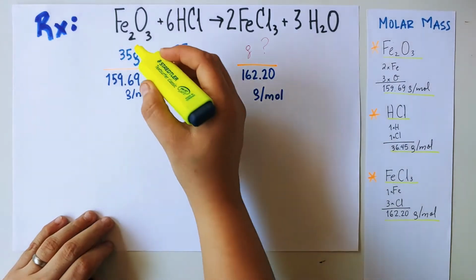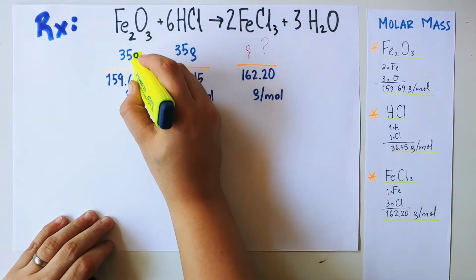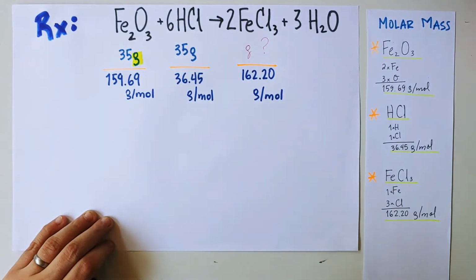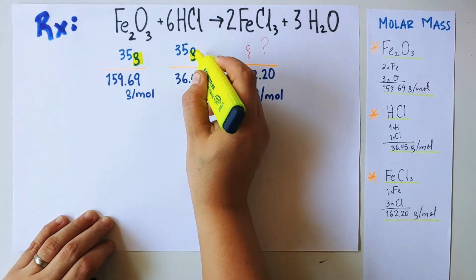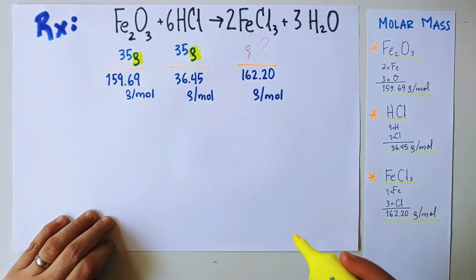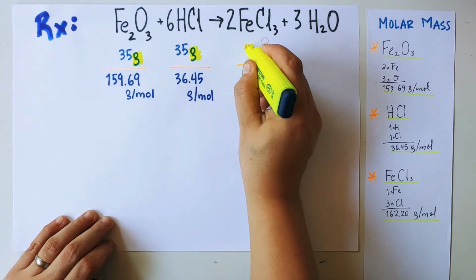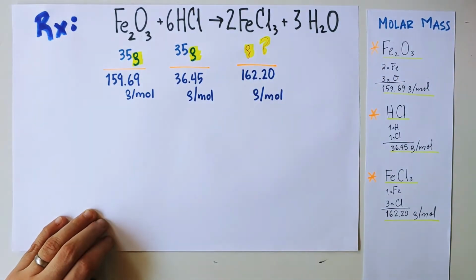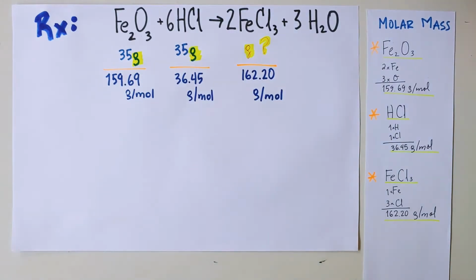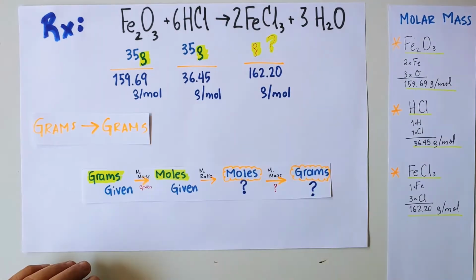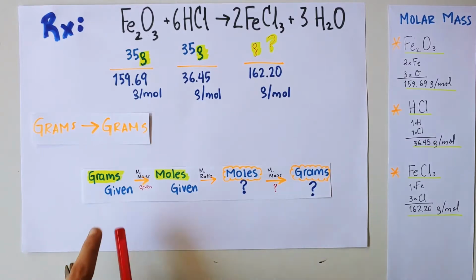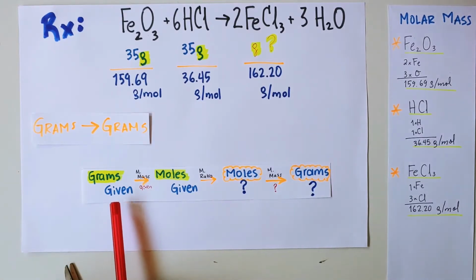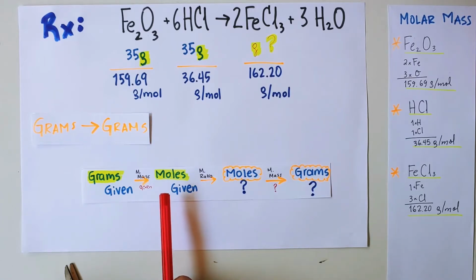From the information given, I know I have grams. Grams is my information given, but they are asking me about the amount of grams unknown, which means the procedure that I have to do is, so grams to grams has this path from grams given to moles given.